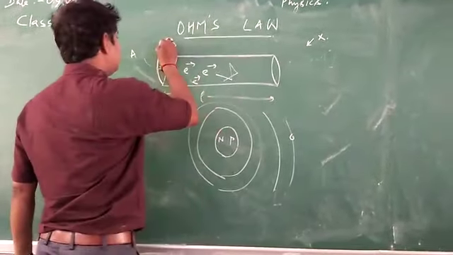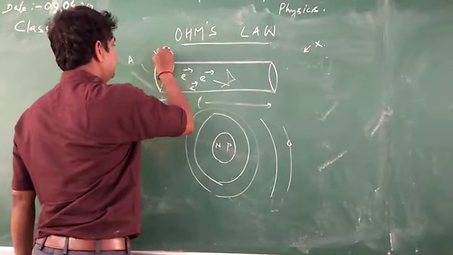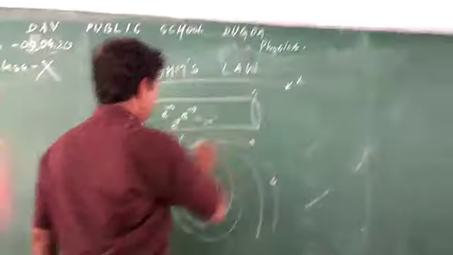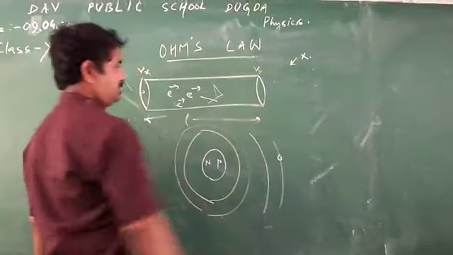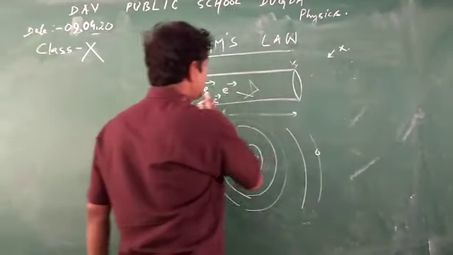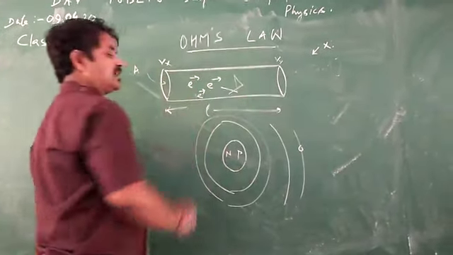If a potential difference is applied, Vx and Vy, the electron starts moving in a particular direction.